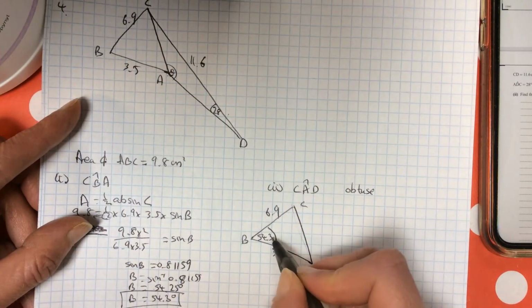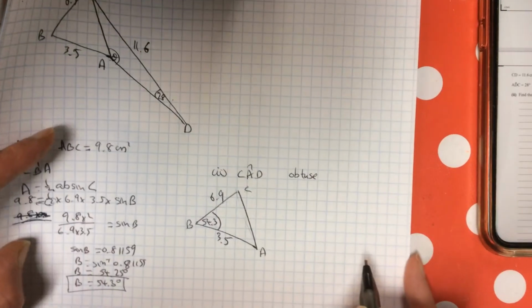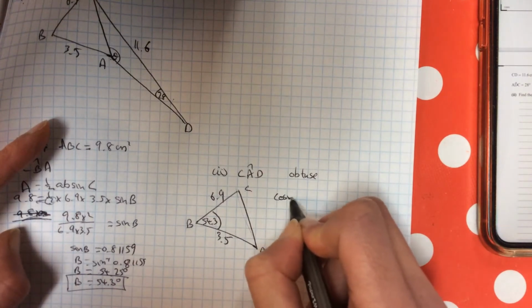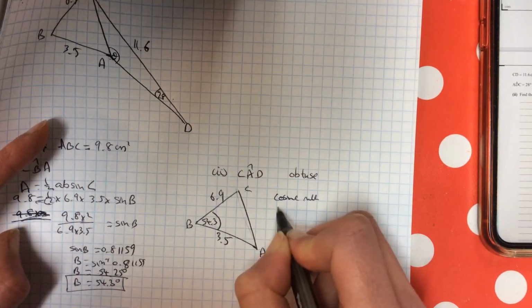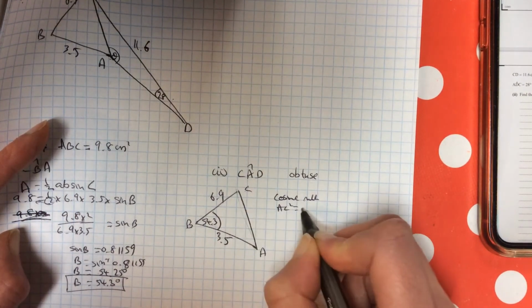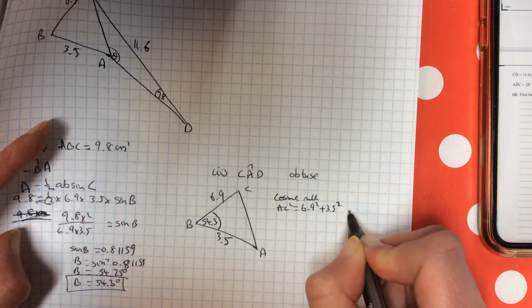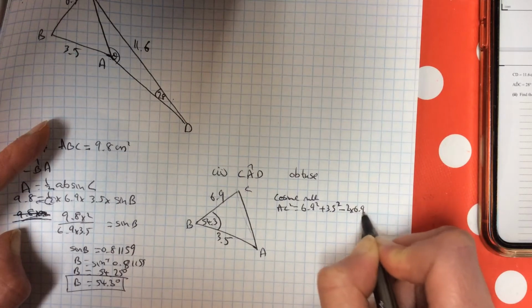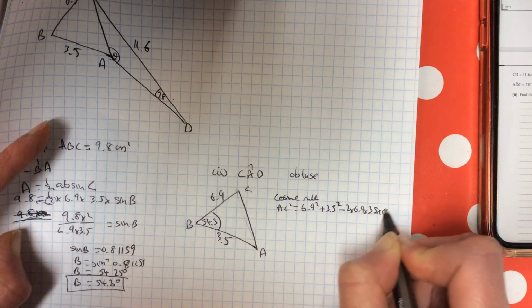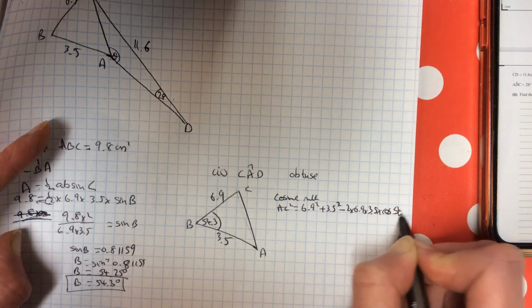So I know this is 54.3. I'm looking to find CA. When you have 2 sides and the in-between angle, you must use the cosine rule. So the cosine rule has AC squared equals the other 2 sides squared and added up, take away 2 times the other 2 sides times cosine the angle between them.